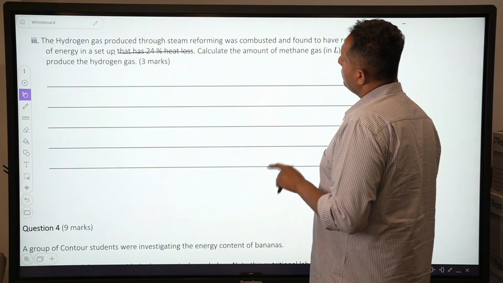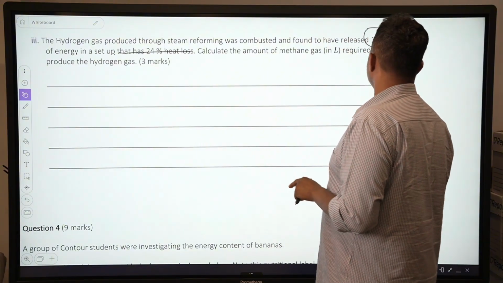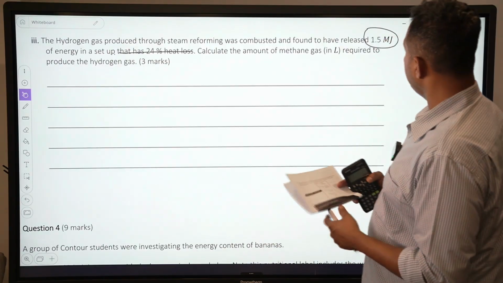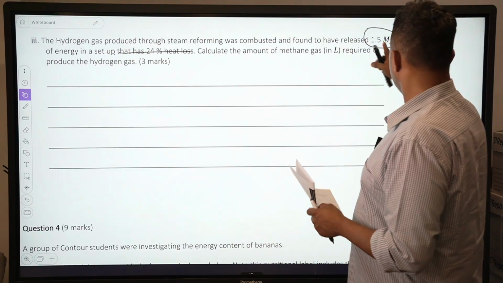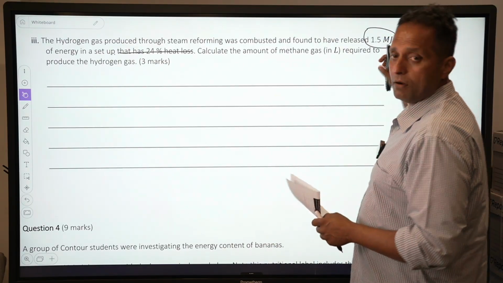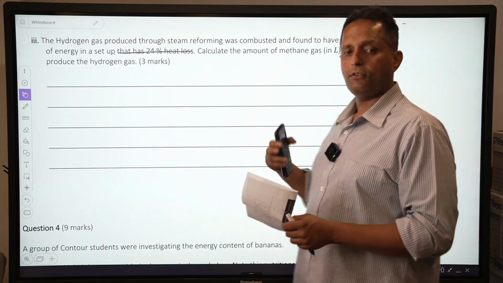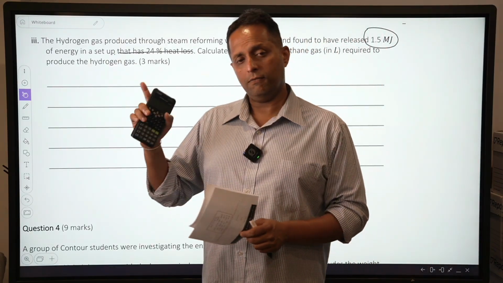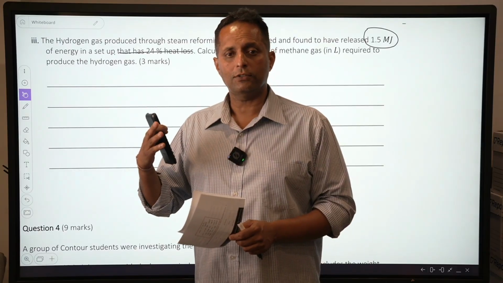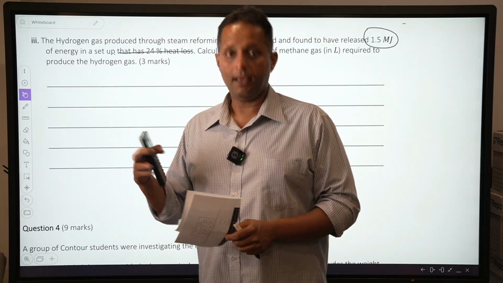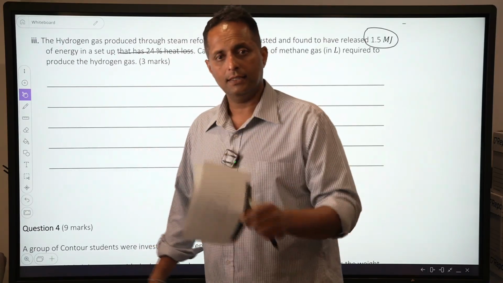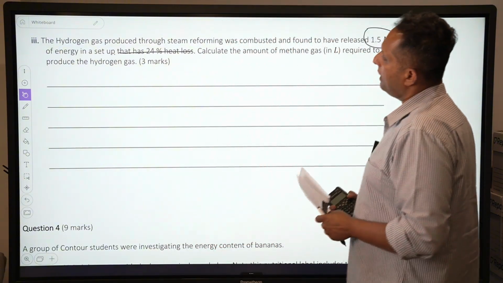Now what do we need to do? If we can find out the number of moles of hydrogen that is responsible for making this amount of energy, then we can use stoichiometry and we can find out the number of moles of methane and the volume in SLC. All right, that's our plan.